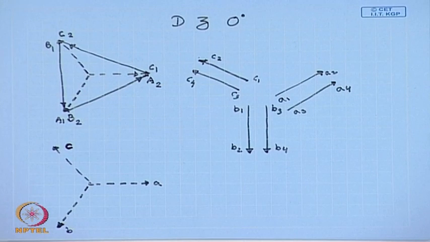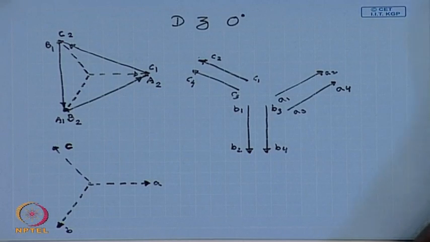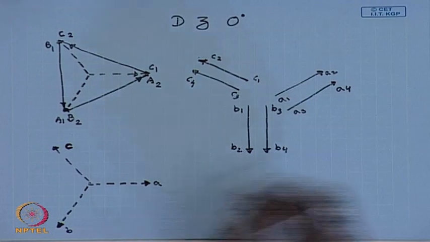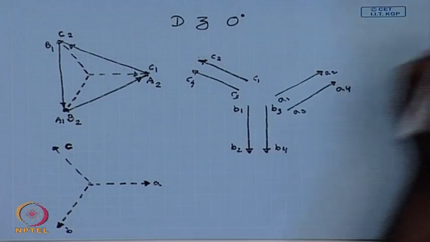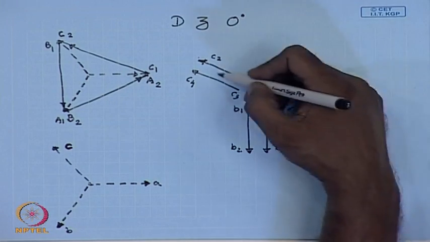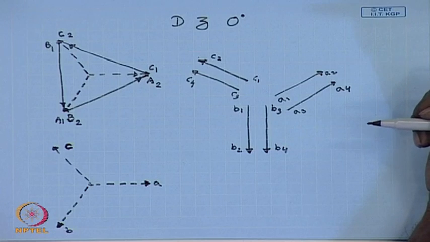Now, in a zigzag transformer each phase is formed by connecting two different winding sections belonging to two different phases. So, how can I construct this line to neutral voltage phasor of a zigzag winding using two different phase voltages?